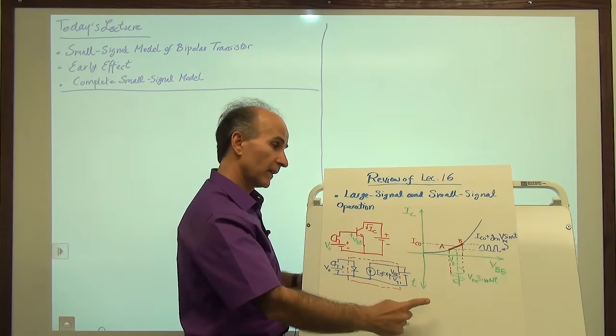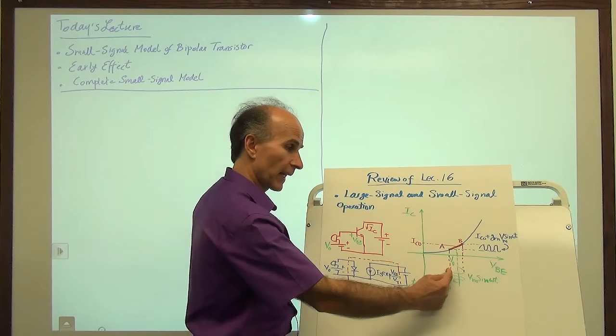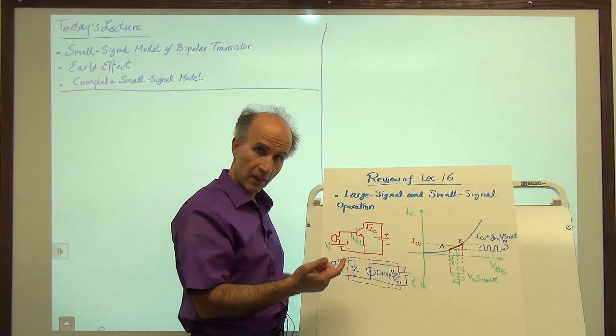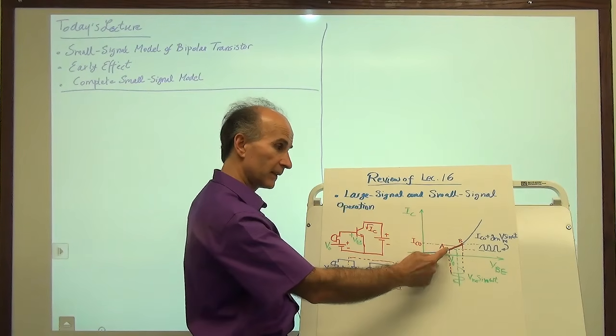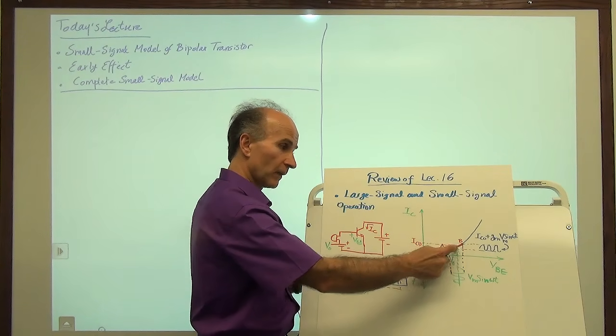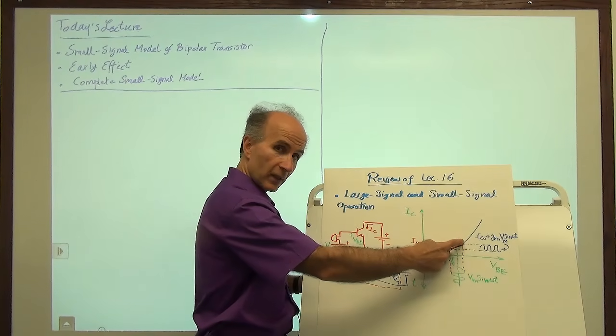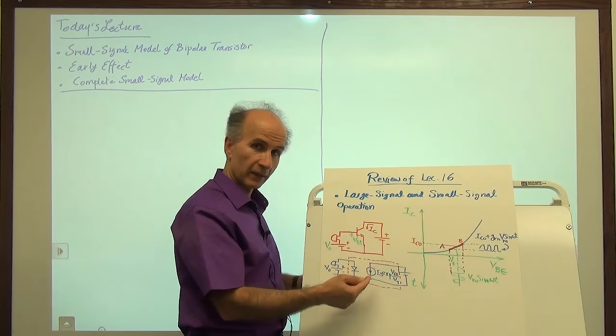And we saw that if this signal amplitude is small enough, then we can approximate this part of the exponential function by a straight line.